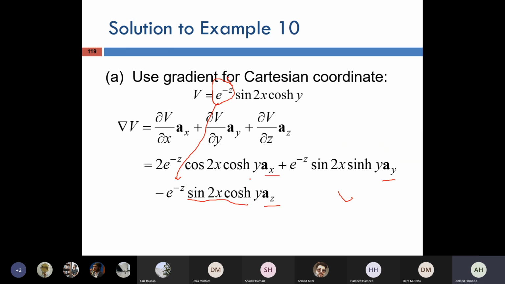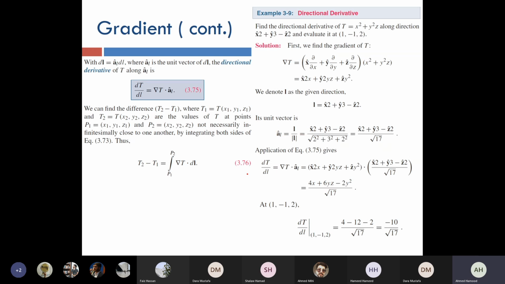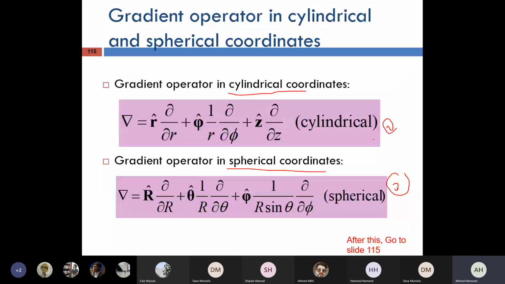That's for the Cartesian coordinates. Then if you have a question like this, where you have r, z, and phi, what type of coordinates is it? Let's check. We have r, z, phi. So we use cylindrical.